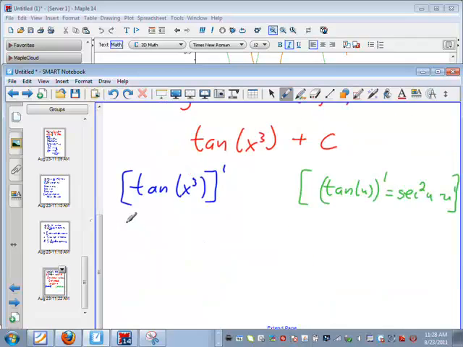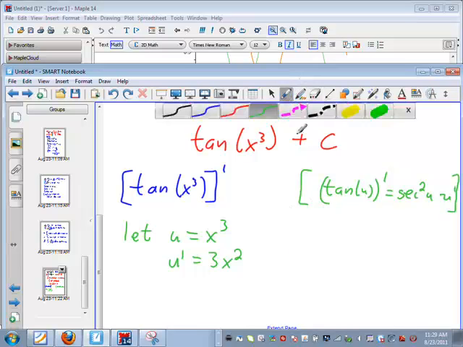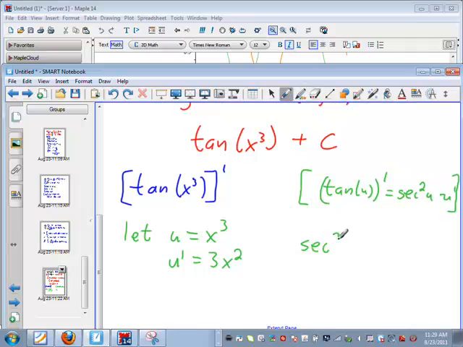And so we would say, okay, it looks like the inner function is x cubed. The derivative is 3x squared. And then we would use that formula. That's what we did in Calc 1. We would just say, it looks like secant squared of u times the derivative of u.